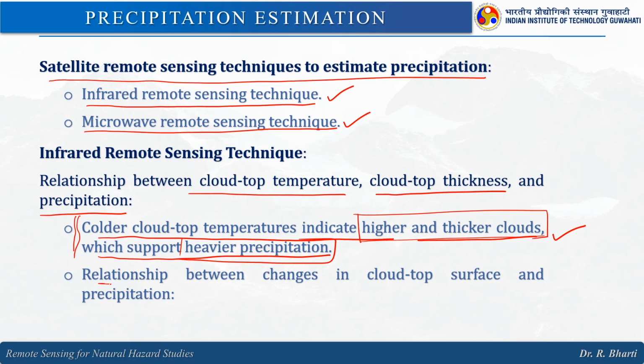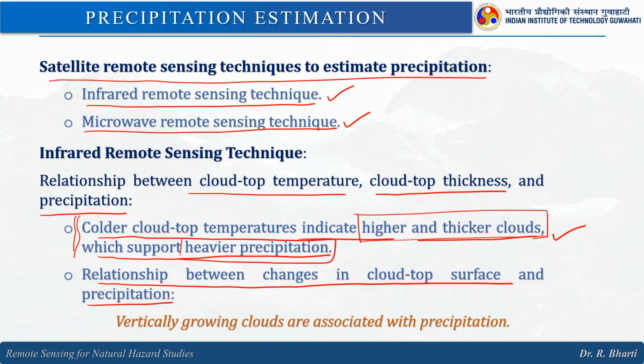Now the next is the relationship between changes in cloud top surface and precipitation, which will help us to indicate that vertically growing clouds are associated with precipitation, right.